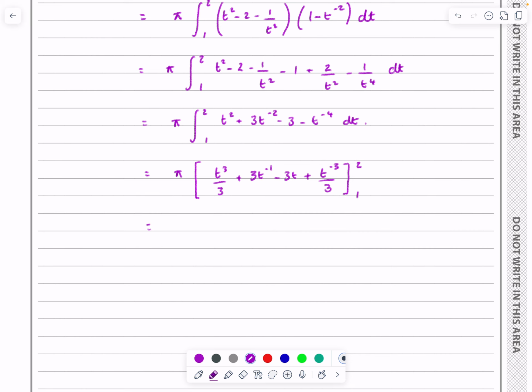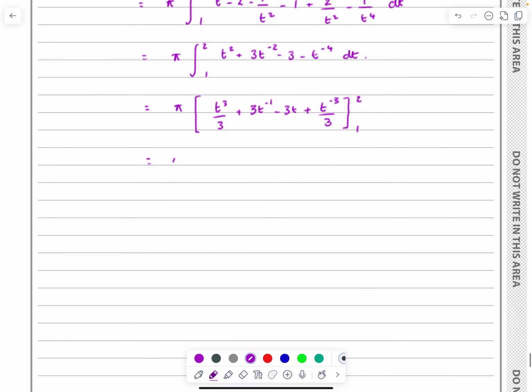So then subbing those values in now, we're going to get 2 going in, gives me 8 over 3 minus 3 over 2 minus 6 plus 1 over 24. Minus, and then 1 going in is going to give me a third minus 3 plus a third, oops, just handwriting, plus a third there. That all works out to be 13 pi over 24 if you've done it properly.